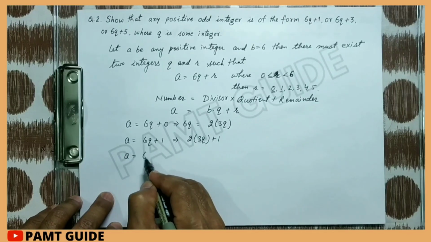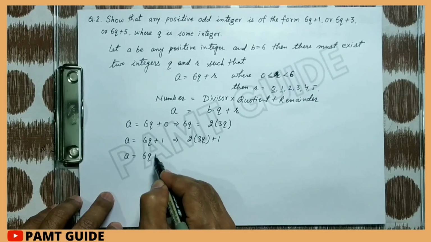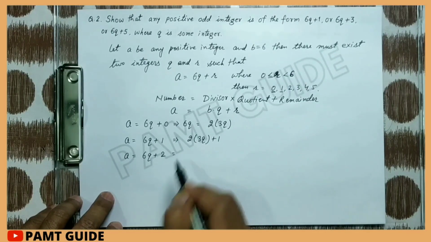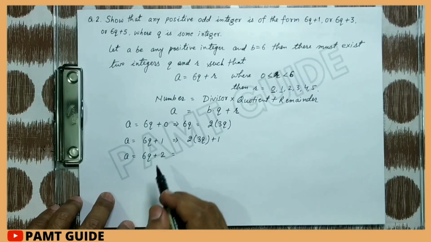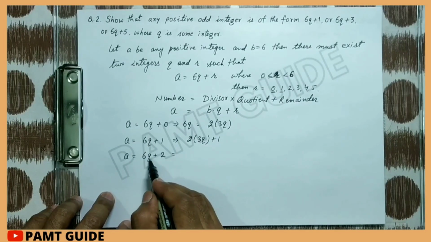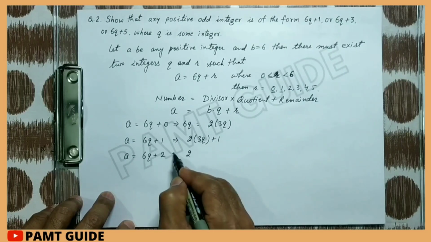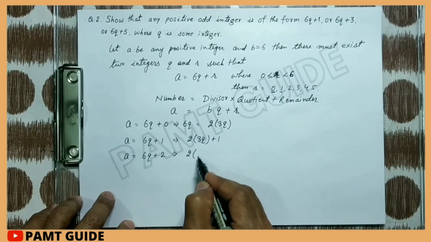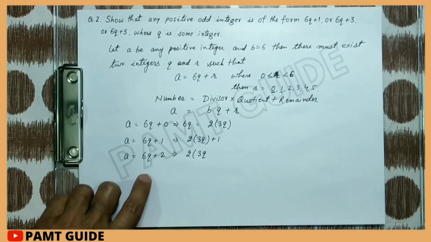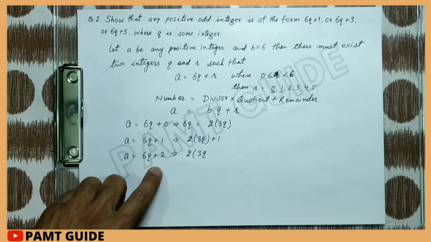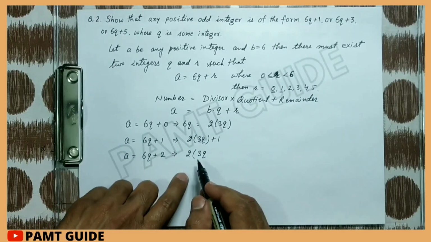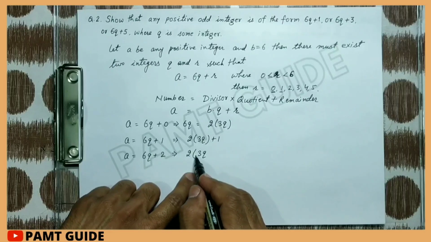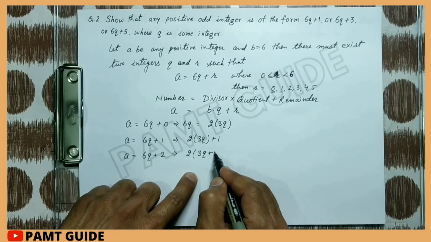When we take r equal to 2, then we can take 2 common from 6q plus 2, and we can write 2 multiplied by 3q plus 1.